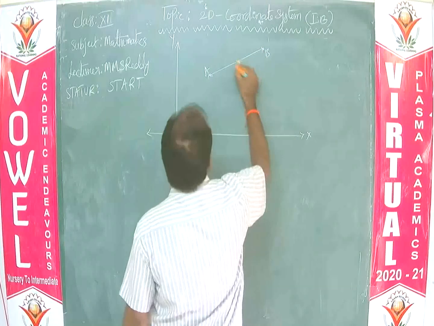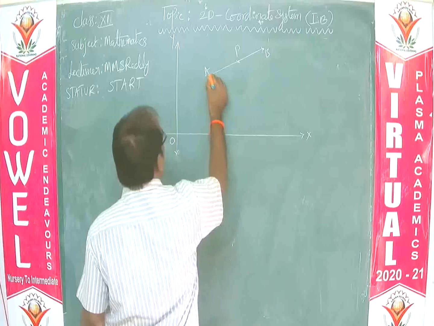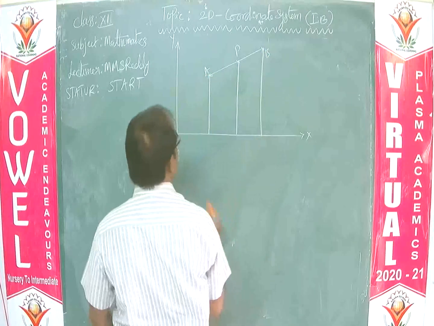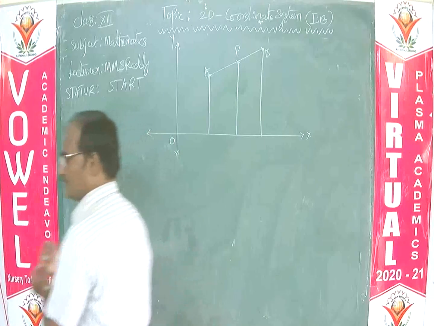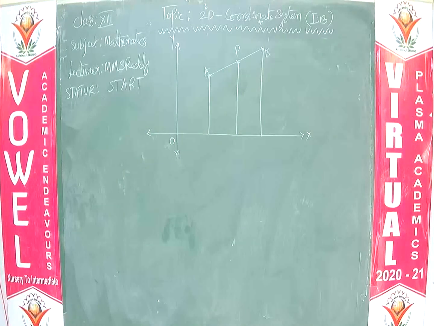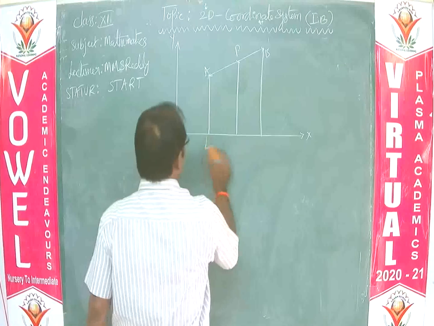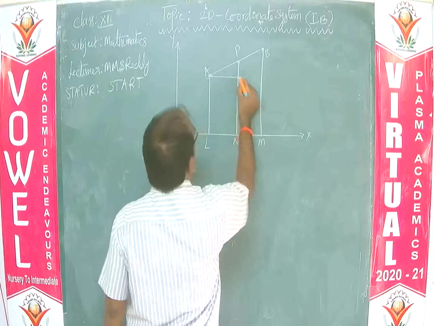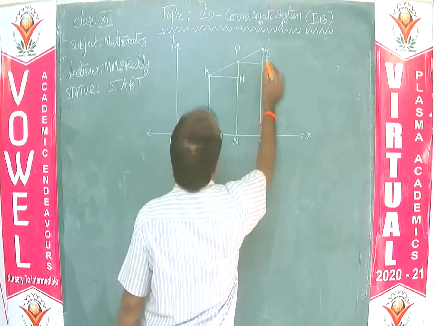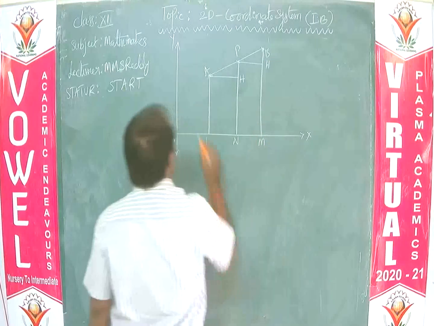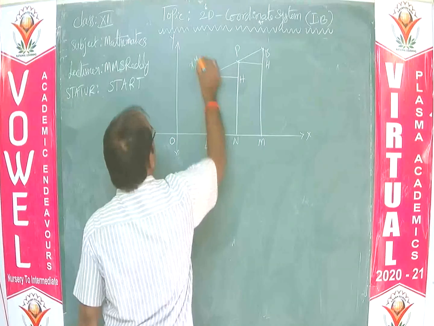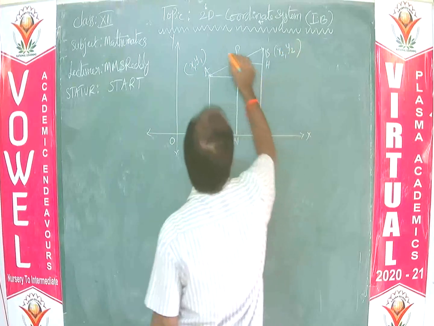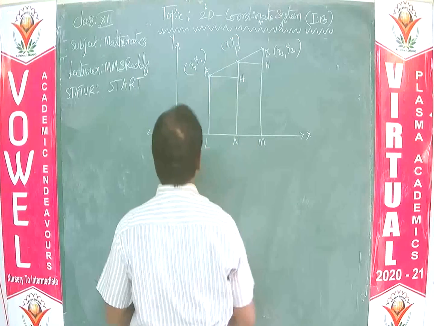A, B, let it be P. Let their projections be L, M and N. Let it be K. Coordinates of A (x1, y1), B (x2, y2), P (x, y).